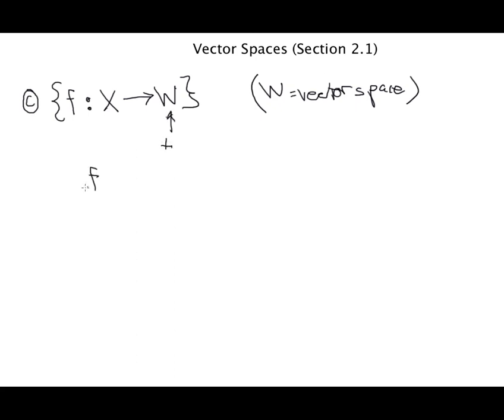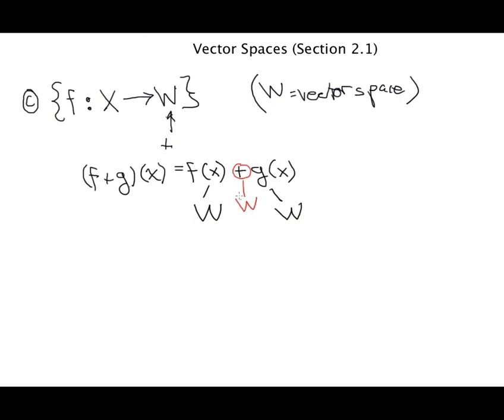So you can make these definitions. f plus g of x is equal to f of x plus g of x, where this is an element of W, this is an element of W, and this addition here is in W. And with the similar scalar multiplication, is this a vector space?